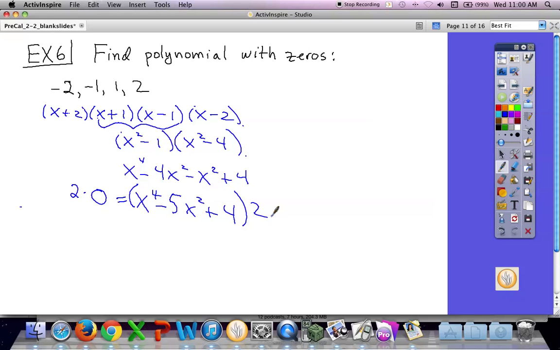On the left, you get 2 times 0 is 0. And now on the right, we have 2x to the 4th minus 10x squared plus 8. Okay, it still has the same zeros, but it looks a little different because we multiplied by 2, right?